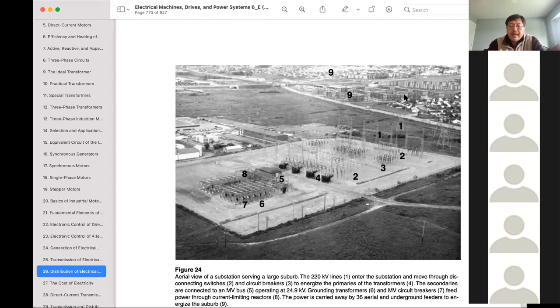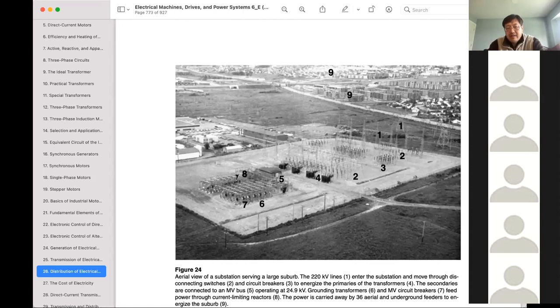On the very right, we have hundreds of thousands of volts of high voltage arriving from the right. And what is on the left? Number 8, those are the medium voltage lines that go to every neighborhood inside that city.